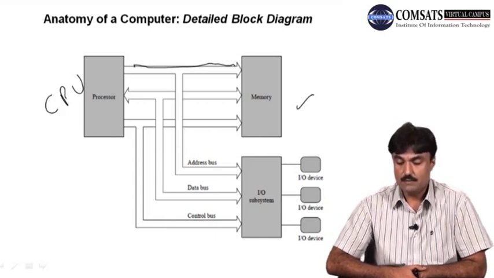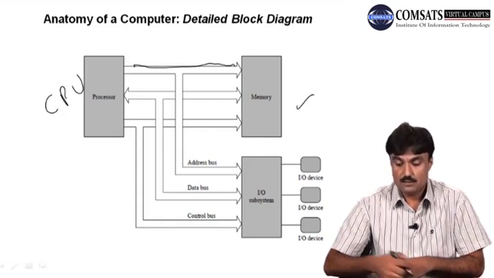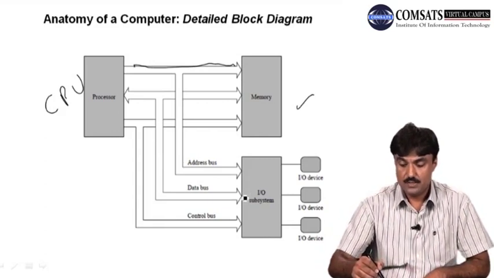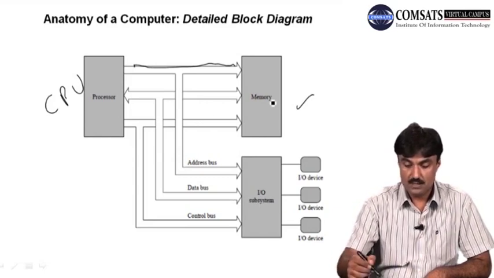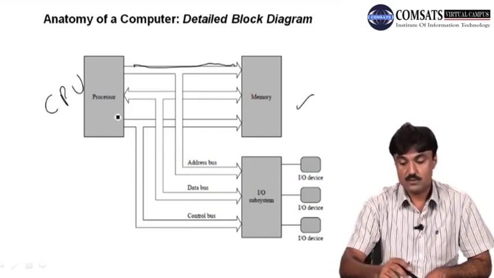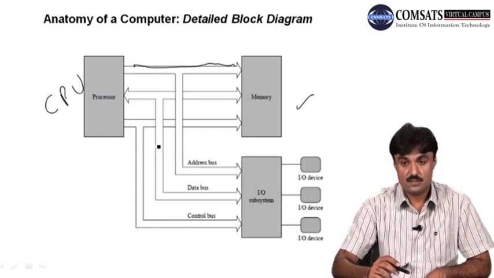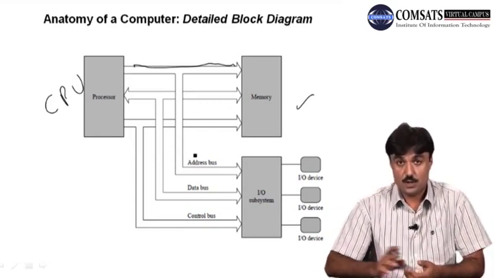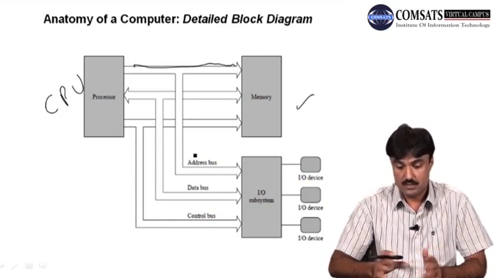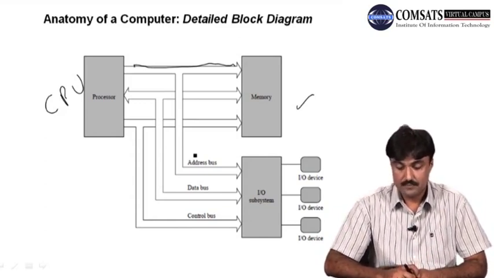Here you can see the direction of this bus. Data can flow either from input devices to the memory or to the processor, from processor to memory, from memory to processor, and so on, even from processor to the output devices.